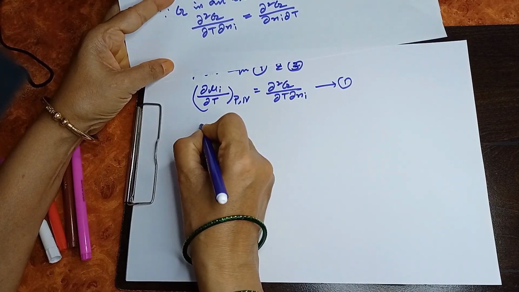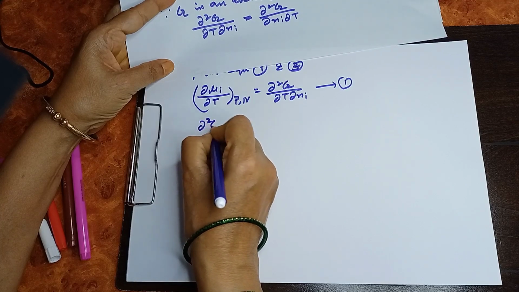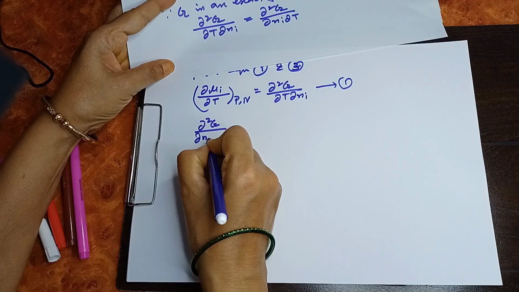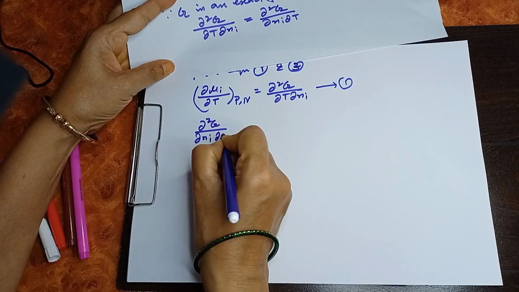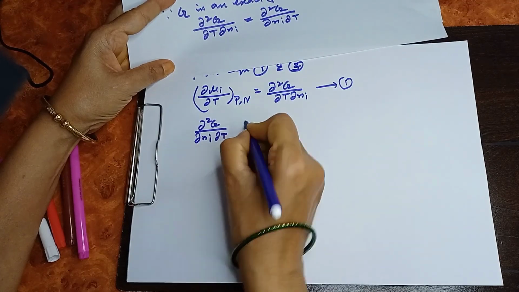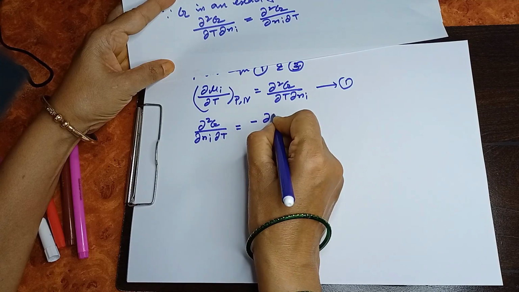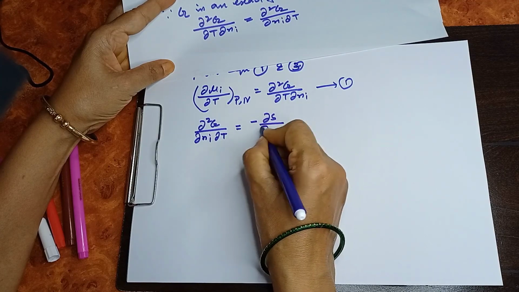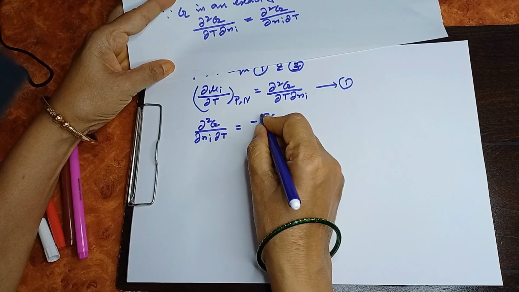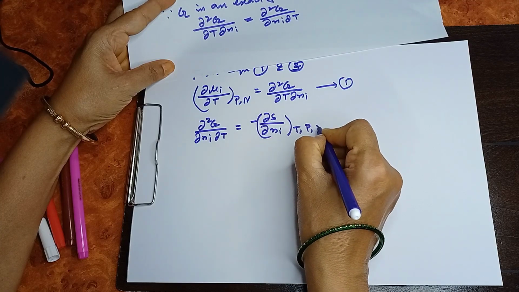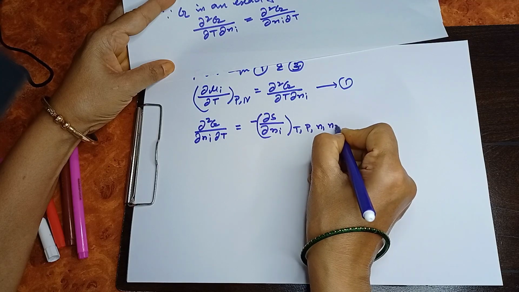Equation number 3 is dou square G by dou Ni dou T is equal to minus dou S by dou Ni at constant temperature, pressure and other composition.